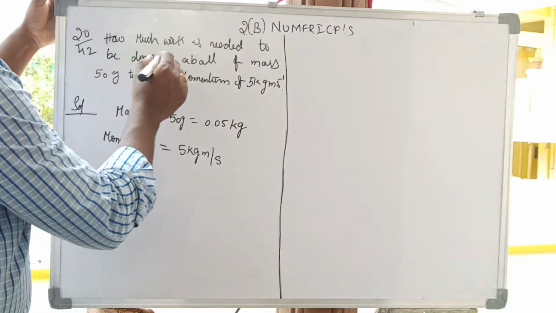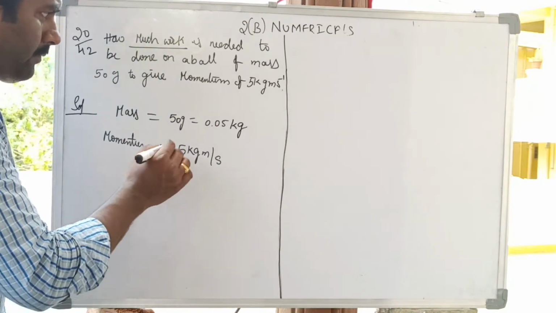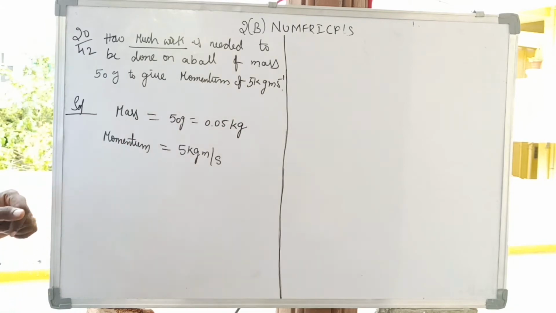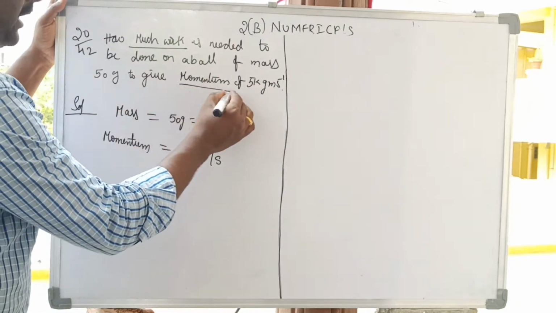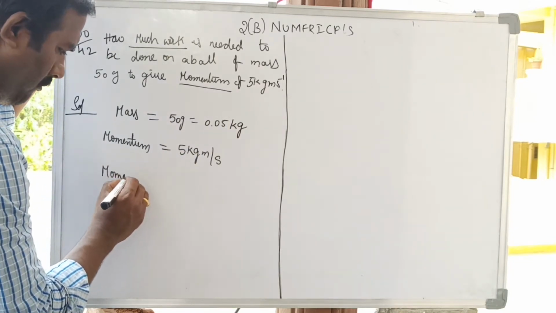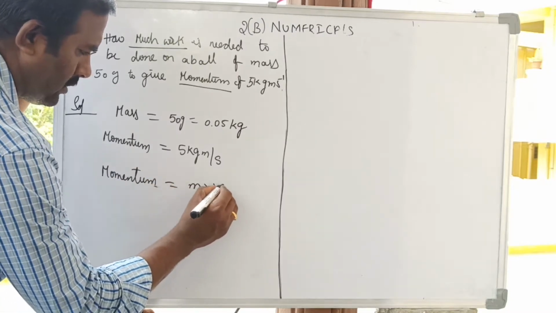So work done, how much work? To find work, it is in the form of half mv square, suppose. Mass is there but velocity is not there, because momentum is given. But momentum is equal to mass into velocity.